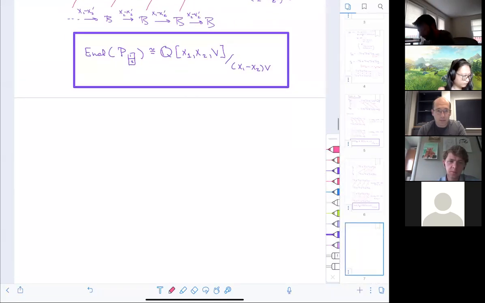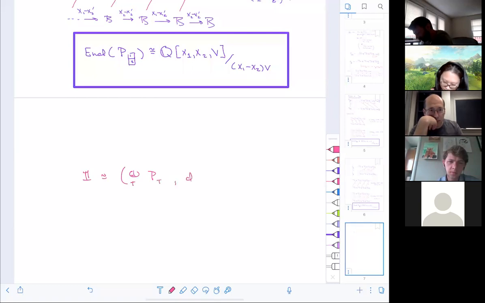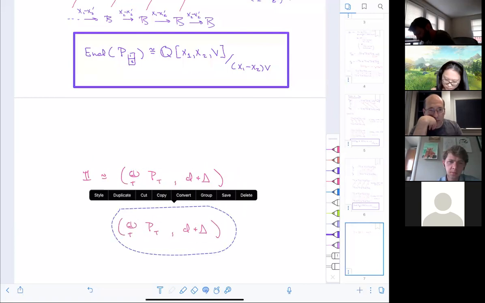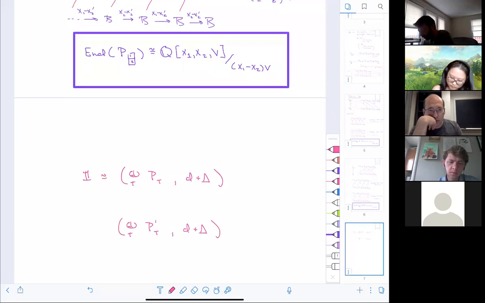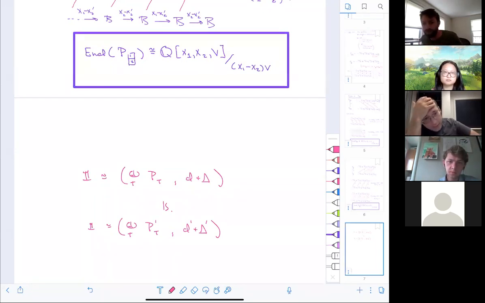If you have two different expressions of this form, say two different collections of projectors PT and two different decompositions of identity like so, well, the homotopy equivalence between these guys can be assumed to be sort of also lower triangular, weakly lower triangular in this partial order.